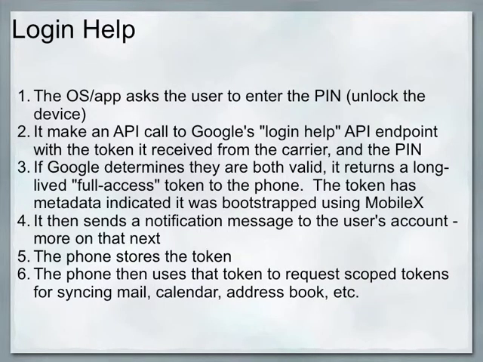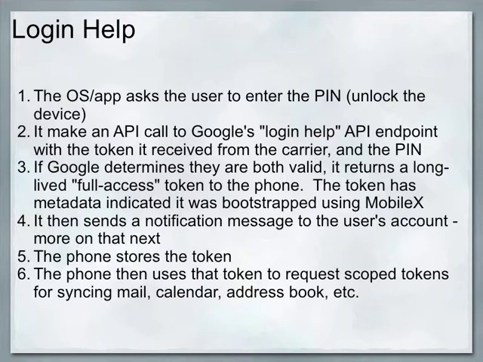Next, the software would ask the user to unlock the device by typing the PIN or something else. The software then takes the combination of both the login helper token and the PIN and sends the combination of the two to the relationship manager, in this case Google.